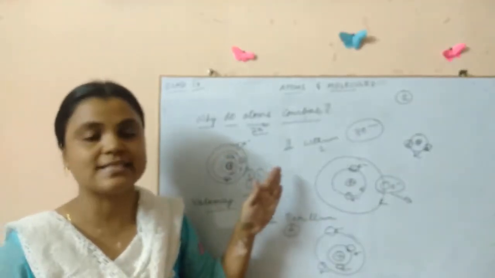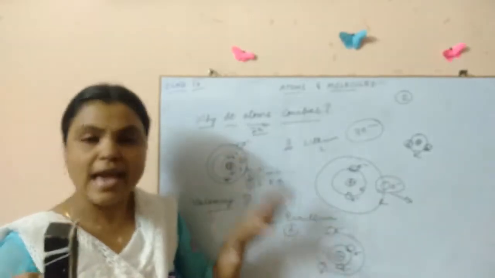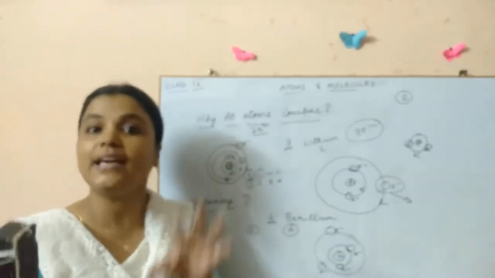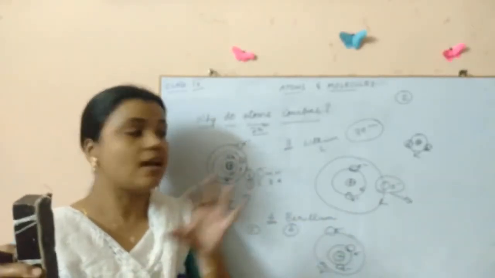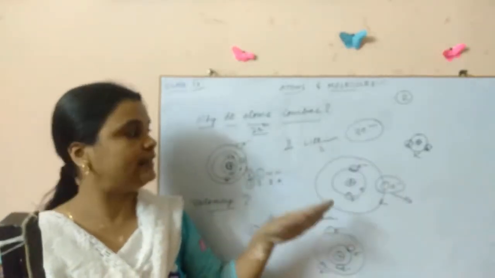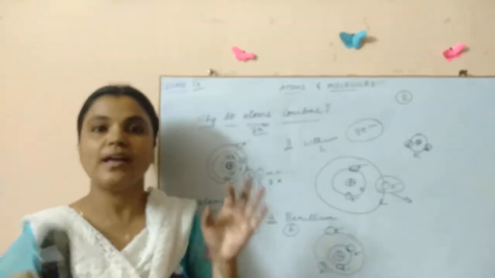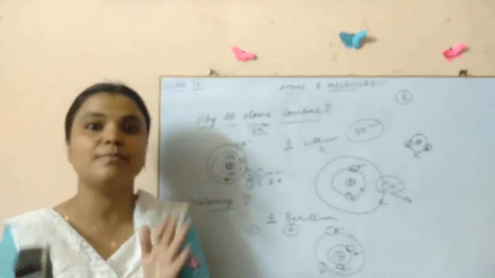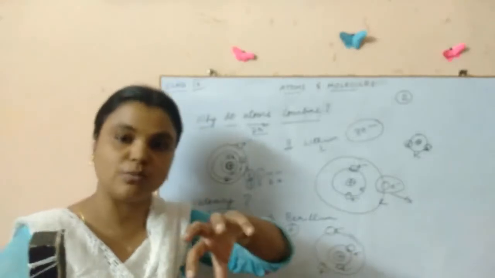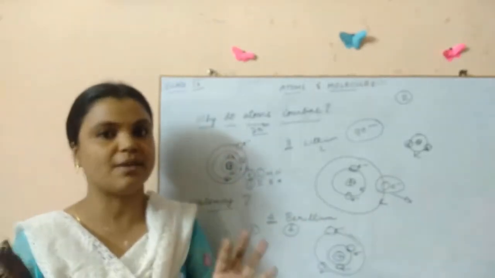Please understand here, an atom will gain stability when its outermost shell contains the maximum number of electrons. That means if an atom contains the maximum number of electrons in the outermost shell, then such an atom is said to be a stable atom.